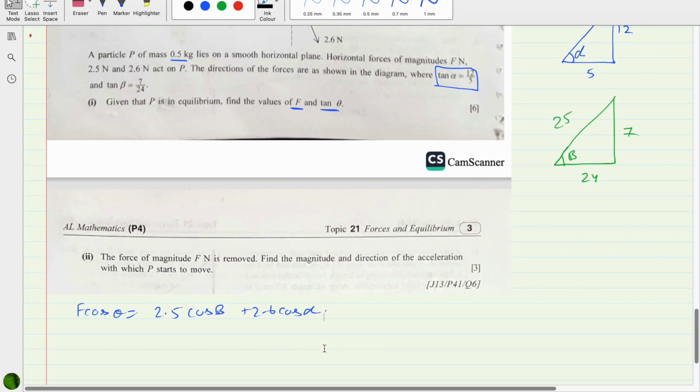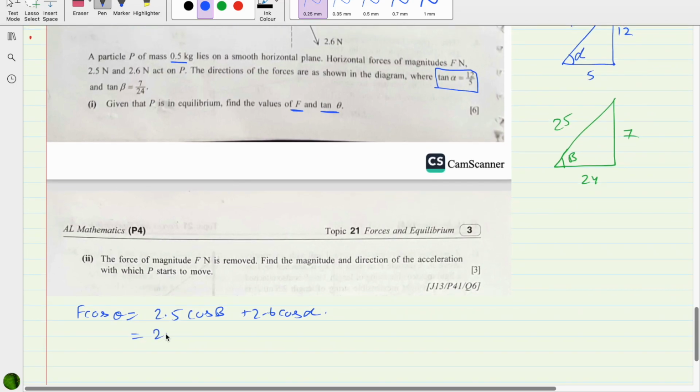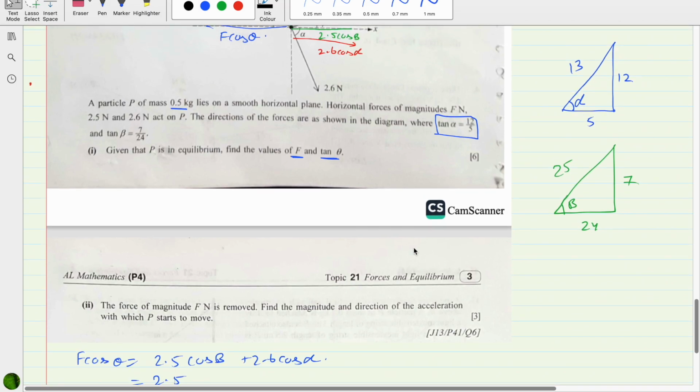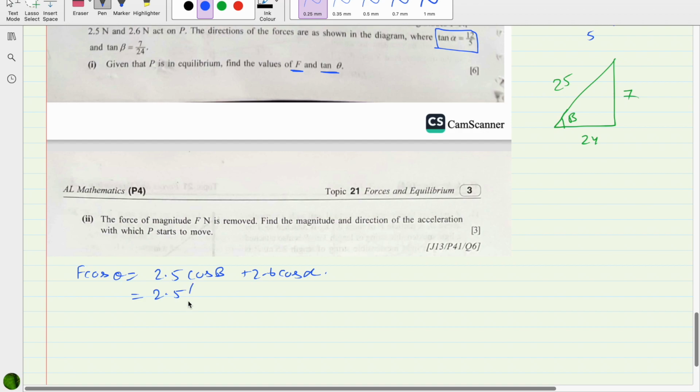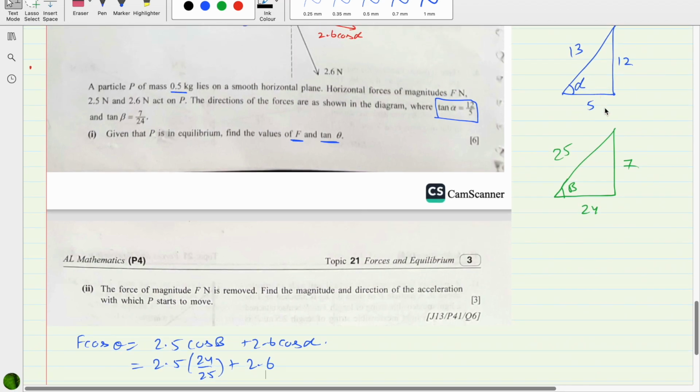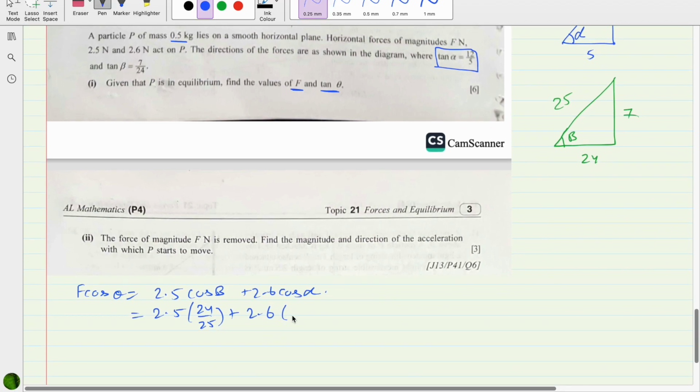Now we replace with all the known values. 2.5, from this triangle, cos beta is 24 by 25, plus 2.6, cos of alpha from the first triangle, that is 5 by 13.